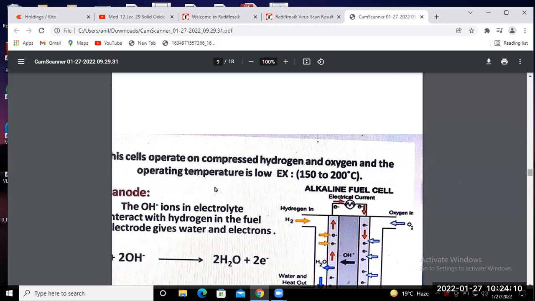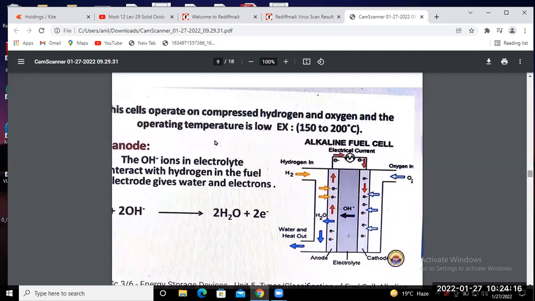Here you will find the electrical circuit of the alkaline fuel cell. Here we supply the oxygen, and through this we input the hydrogen.